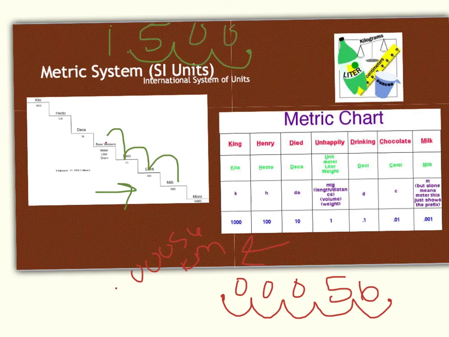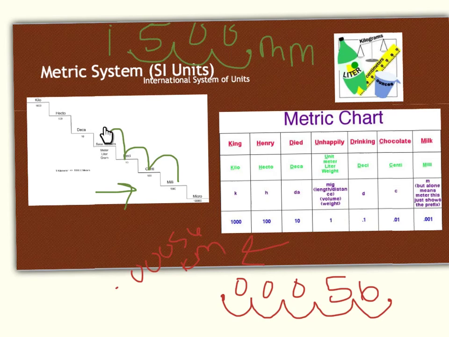So now we have 1,500. So 1.5 meters equals 1,500 millimeters. So just remember when you're doing the stairs or moving your numbers, you don't count the stair that you're on, you just count the physical movement from one to the next. 1, 2, 3. Get it? Got it? Good.